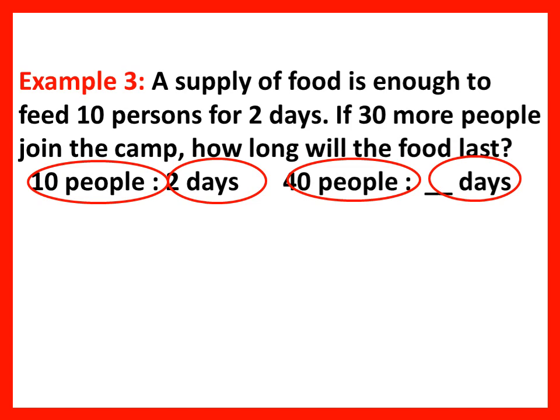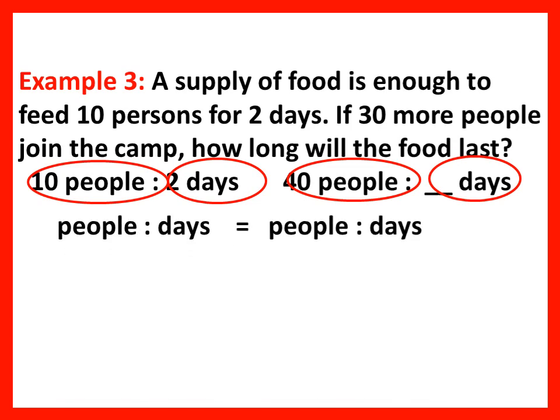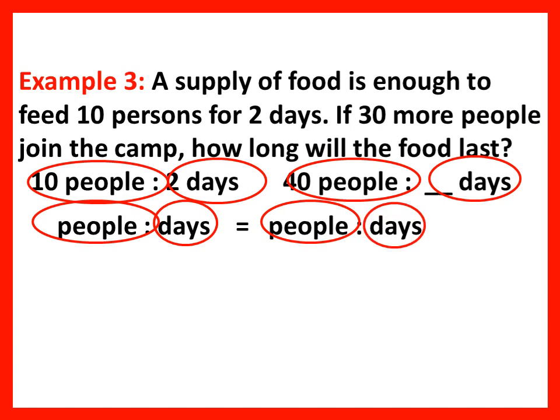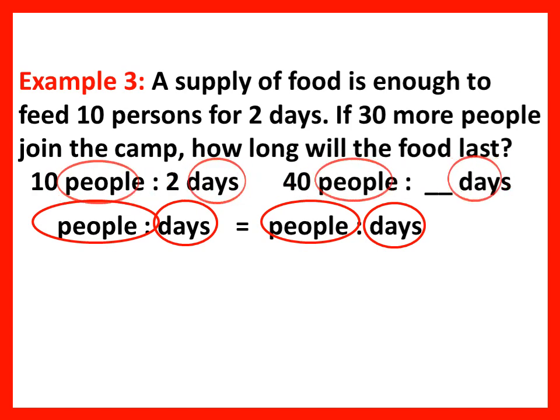Okay, so again, the two variables given there are the number of people and the number of days. People is to days equals people is to days. So be careful of the arrangement. People to people, days to days. So we are going to look at the trend of the people and the number of days.